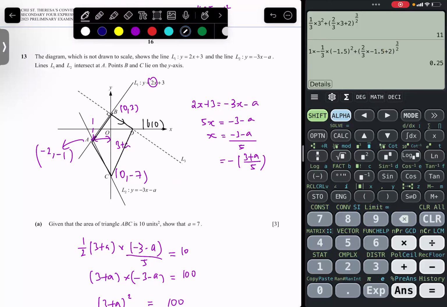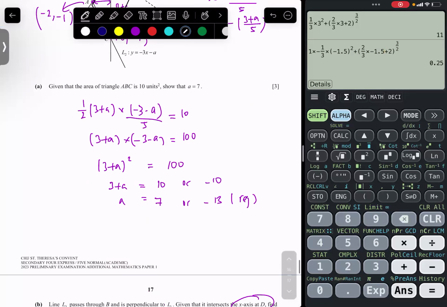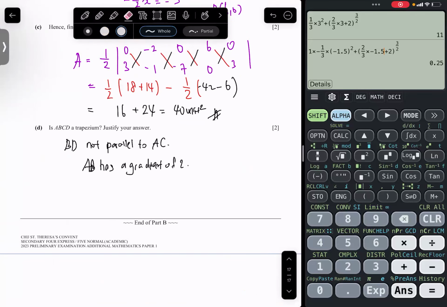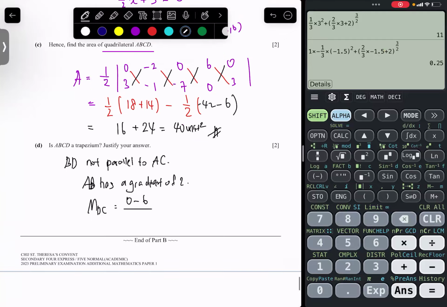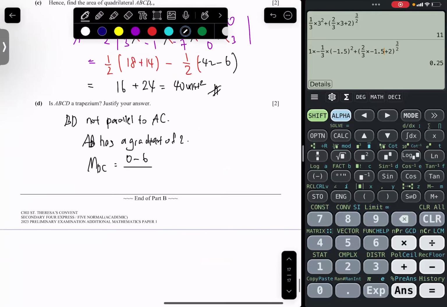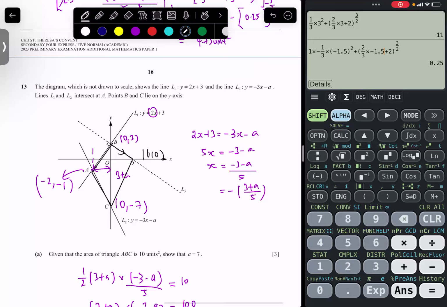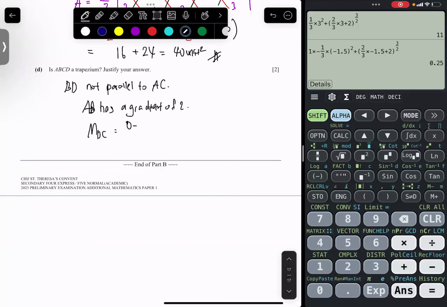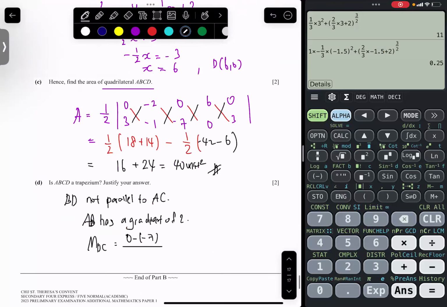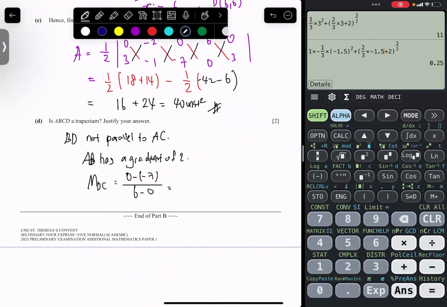From the looks of it, it doesn't look parallel. Gradient of DC equals 0 minus -7 over 6 minus 0, so it's 7 over 6, which equals 1 and 1/6.